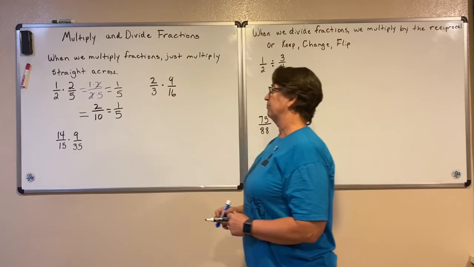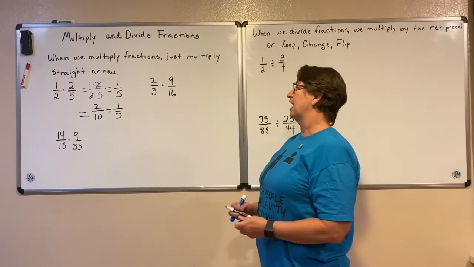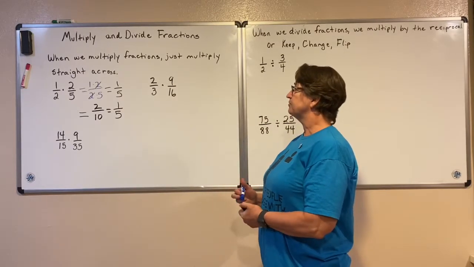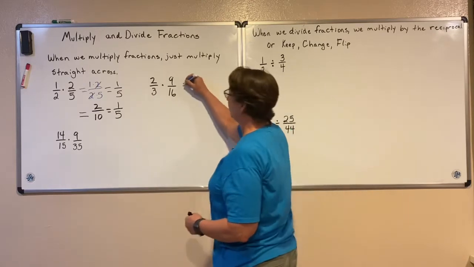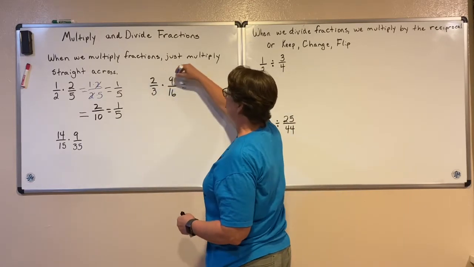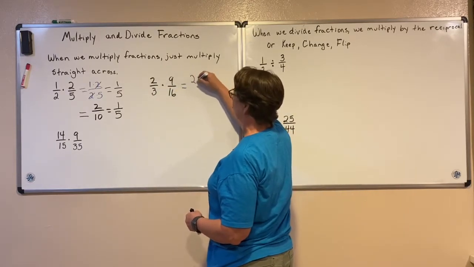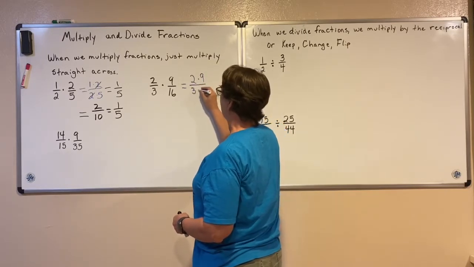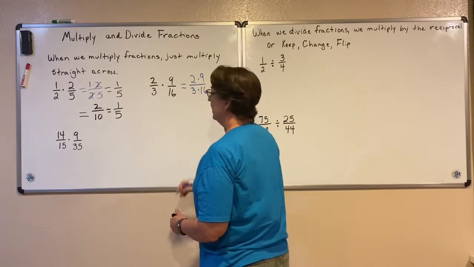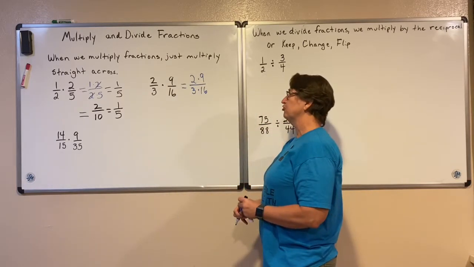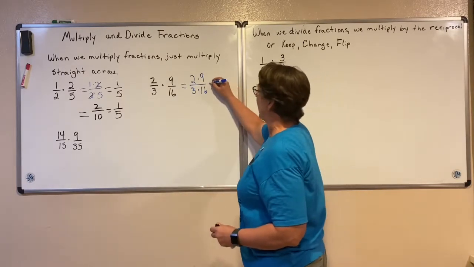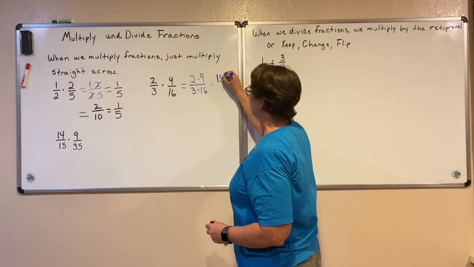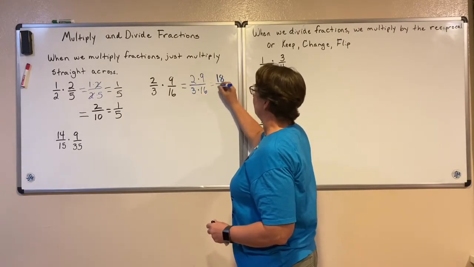Here's another example. Let's do 2/3 times 9/16. And again, literally what we're going to do is just multiply straight across so that I have 2 times 9 over 3 times 16. And I could just simply do that multiplication so that I have 18 over 48.